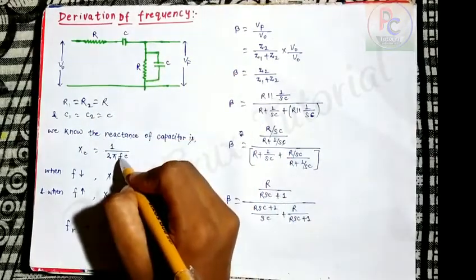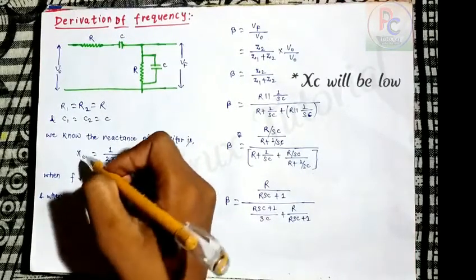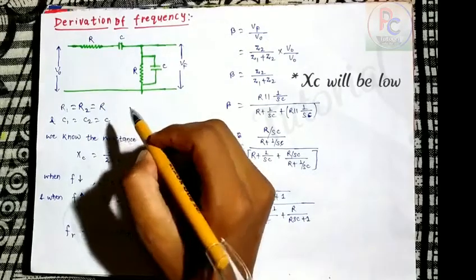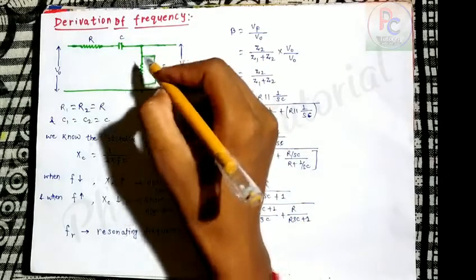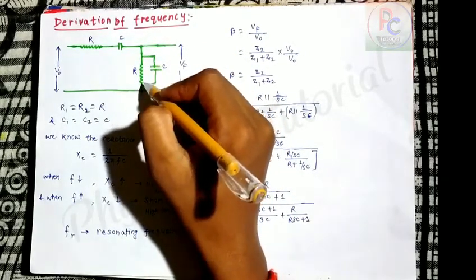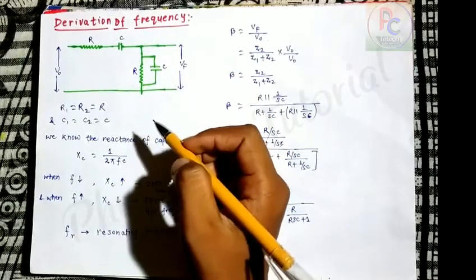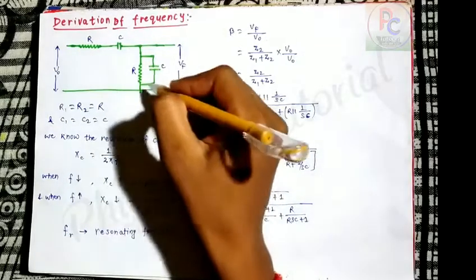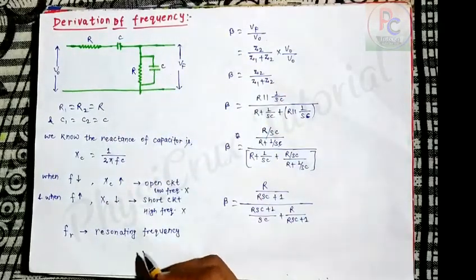And when F is high, the reactance of the capacitor will be low, so there is no passing of high frequency through the circuit. There is an intermediate frequency passing through this circuit, known as the resonating frequency.